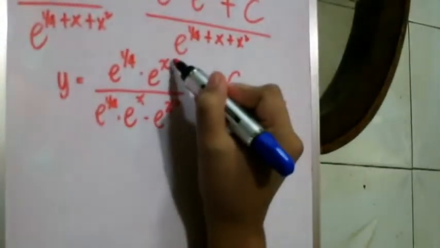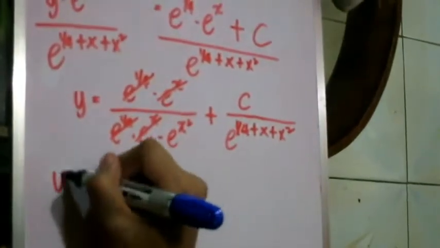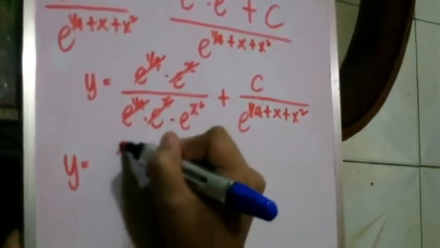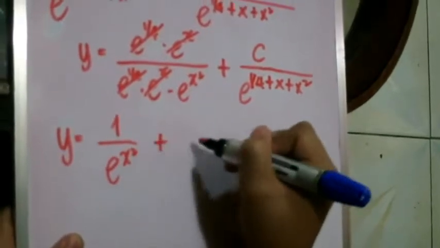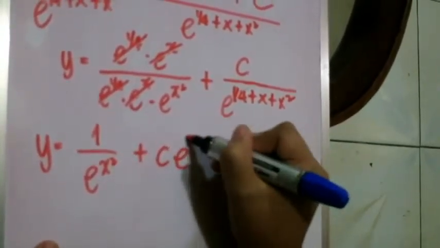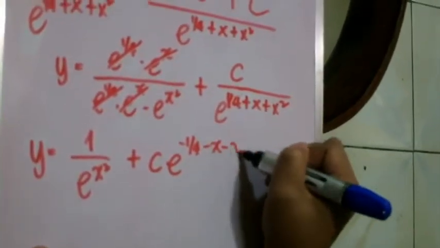So slashing out e to the x and e to the 1/4, we have y equals 1 over e raised to x squared plus c times e to the negative 1/4 minus x squared.